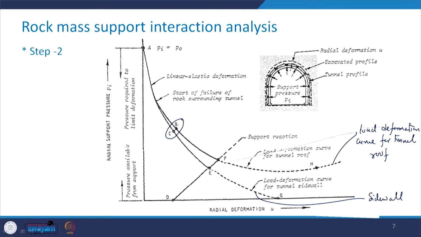So, this point B corresponds to the roof and point C corresponds to the side wall, and you can see that if I take the pressure, then Pi corresponding to B is larger than Pi corresponding to C.